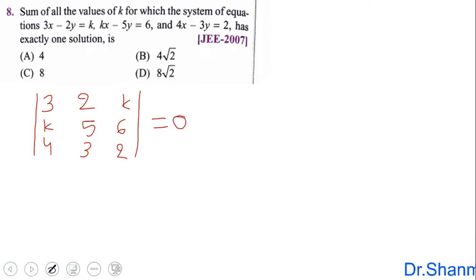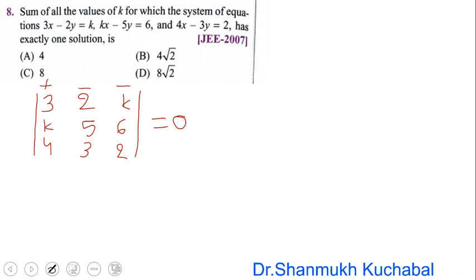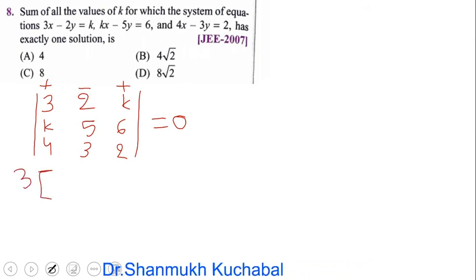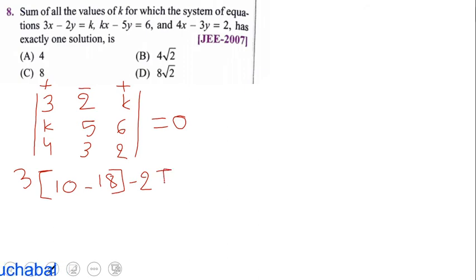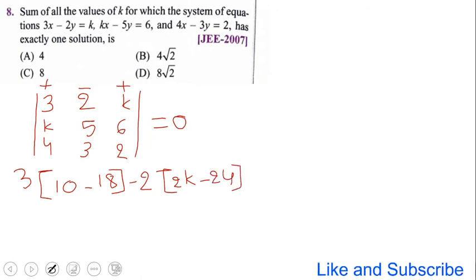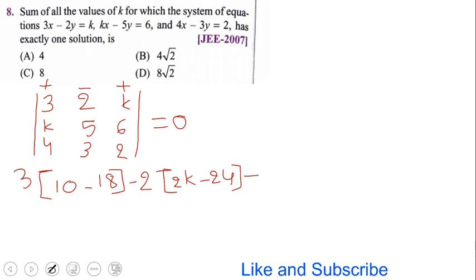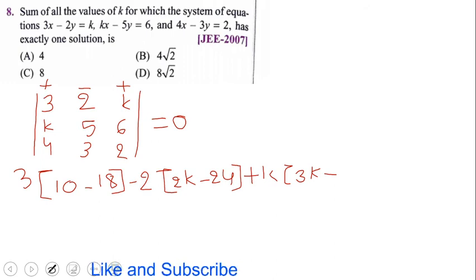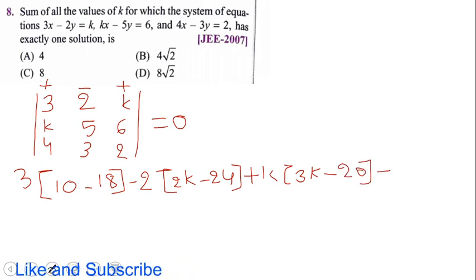Further I take alternately positive and negative signs, plus, minus and plus. We will expand it. So plus 3 outside, expansion will be 5 2s are 10, minus 6 3s are 18. Then minus 2 outside, cross multiplying, 2k minus 6 4s are 24. Next, plus k outside, so we get 3k minus 20, equal to 0.